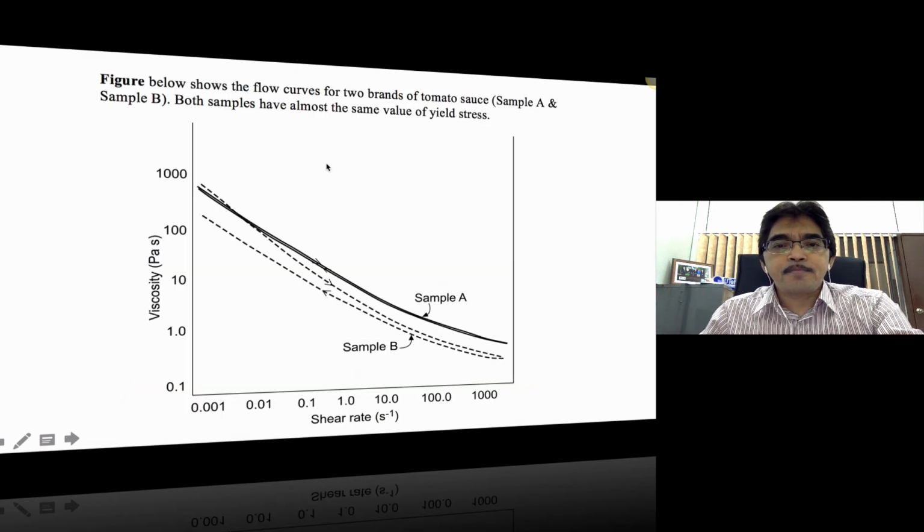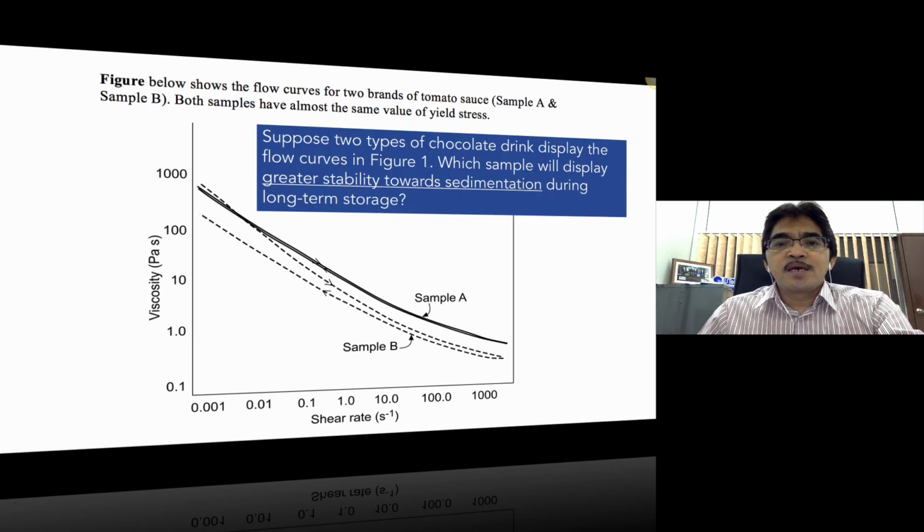Next question is, suppose two types of chocolate drink display the flow curve in figure 1. So in this case, it's not tomato sauce, it's a chocolate drink. Which sample will display greater stability towards sedimentation during long-term storage? Now, the keyword here is long-term storage.